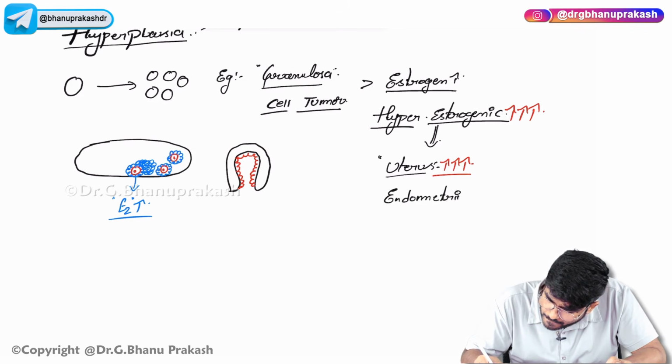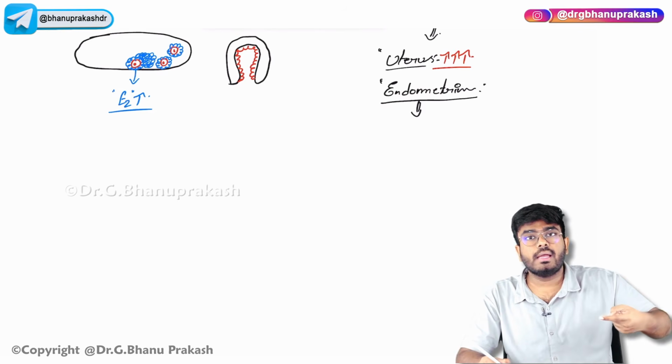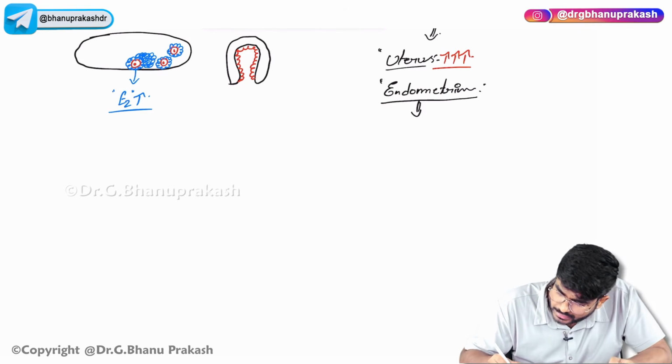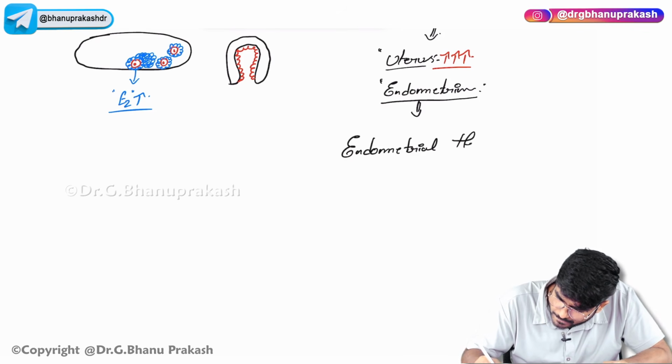Under the influence of estrogen, the uterine endometrium is going to divide, becoming hyperplasia. So there will be endometrial hyperplasia.